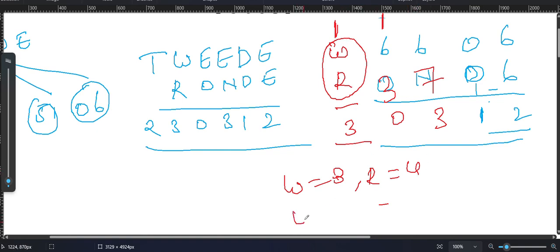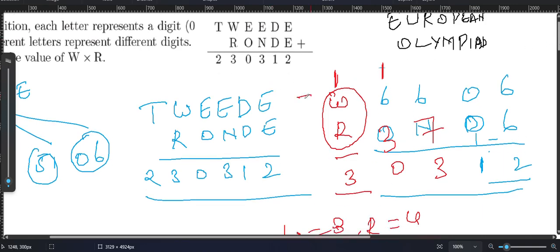That is one possibility. Or W can be 4 and R can be equal to 8. Once that is over, then a carry comes on the T and finally it yields 2. So T has to be equal to 1. So here W and R can be either 8 and 4 or 4 and 8.